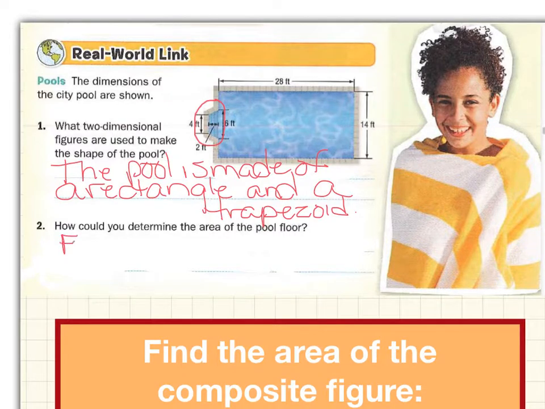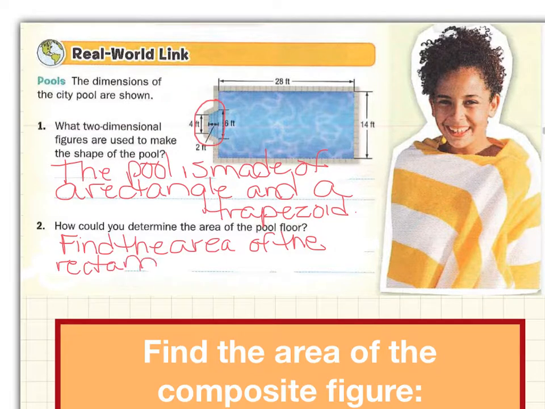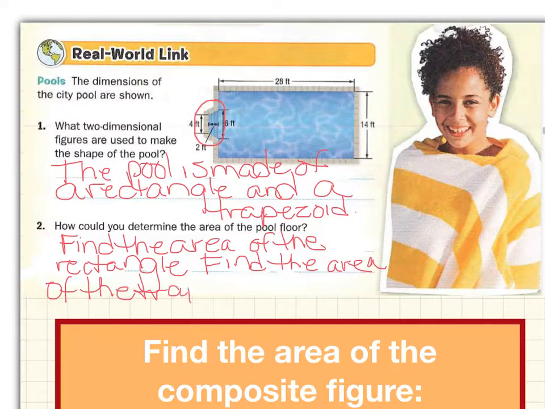So you could find the area of the rectangle, find the area of the trapezoid, and add them up. That would give you the total area of the pool.